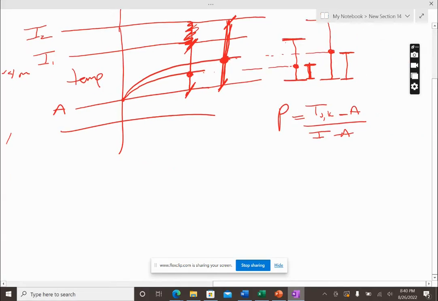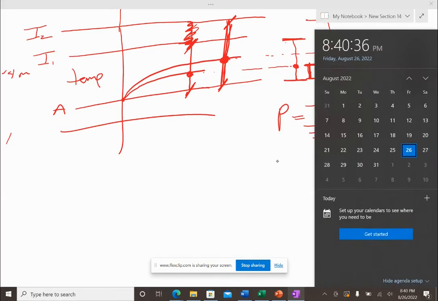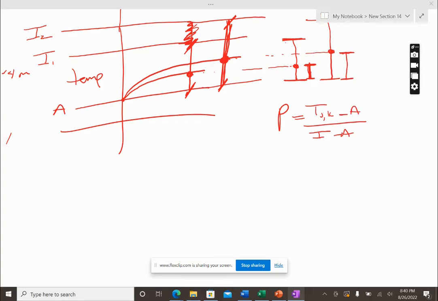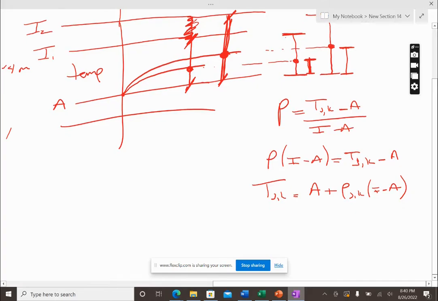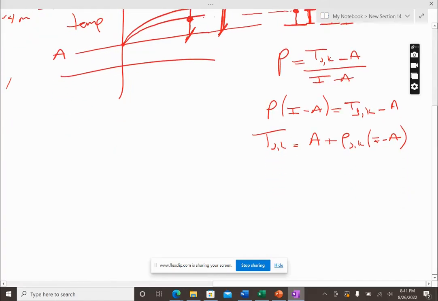If we use algebra, just multiply both sides by I minus A, so it's P times I minus A equals TJK minus A. Thus TJK equals A plus PJK times I minus A. It's just based on the definition of the proportion. And because the proportion was relatively constant for multiple tests that we measured, it becomes a good prediction.